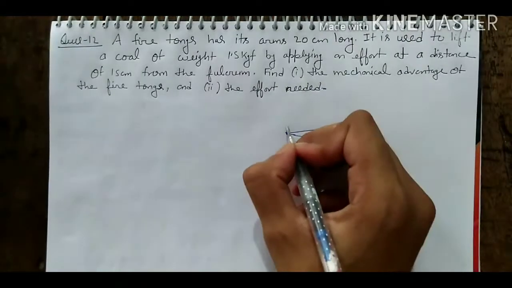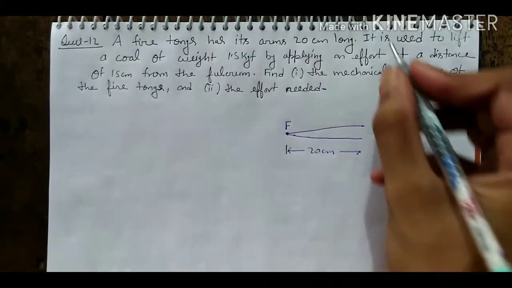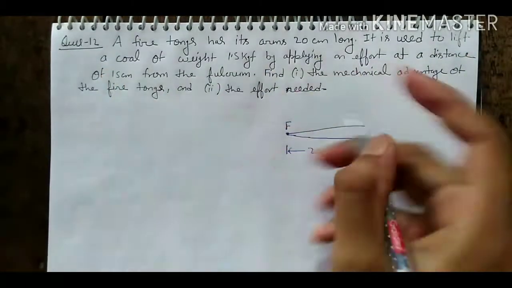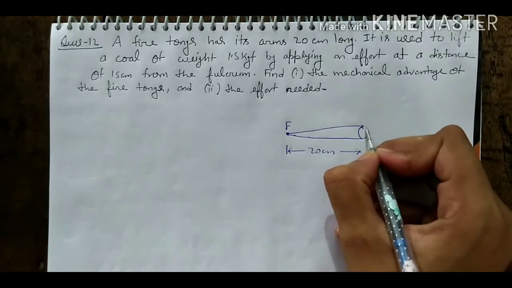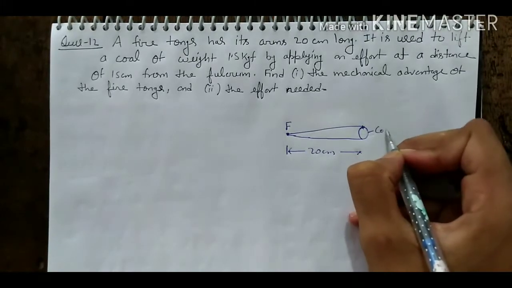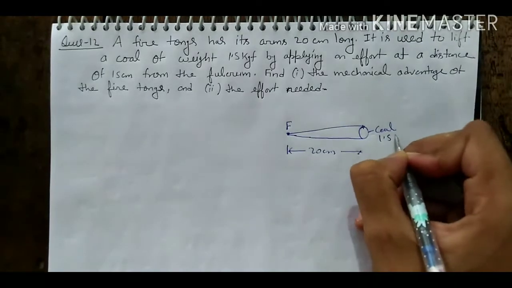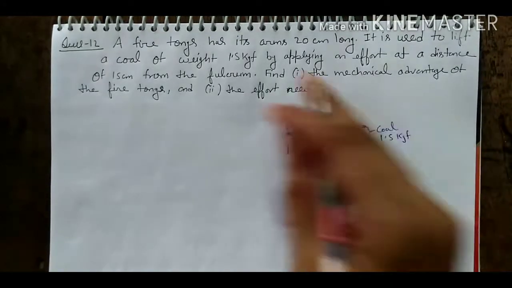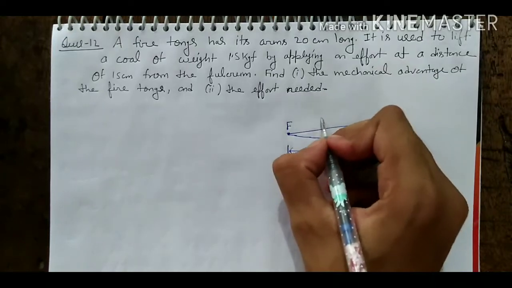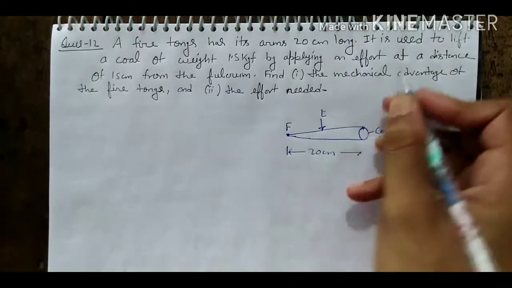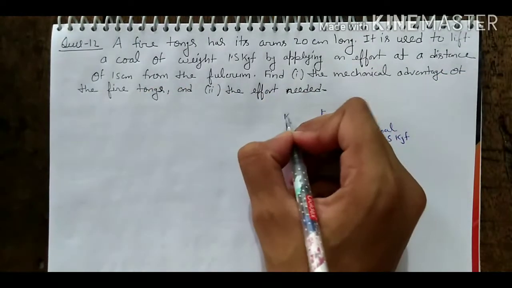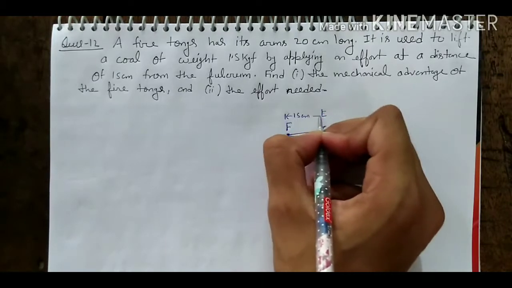This is known as the fulcrum. It is used to lift a coal. Suppose we have to carry a coal. This is the coal, weighing 1.5 kgf. We are applying an effort at a distance of 15 centimeter from the fulcrum.